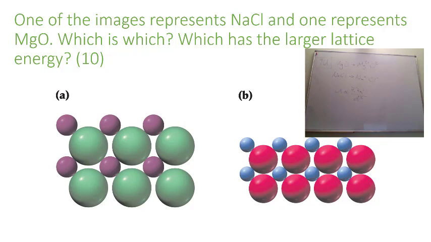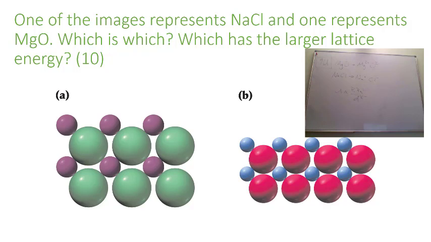So now which one of the figures represents which one? If we take a look at where each is located on the periodic table, we're talking about sodium, which is atomic number 11, and magnesium, which is atomic number 12. We know that the further to the right on the periodic table, the smaller the atom. And we also know the more electrons that you rip away from a cation, the smaller it becomes.